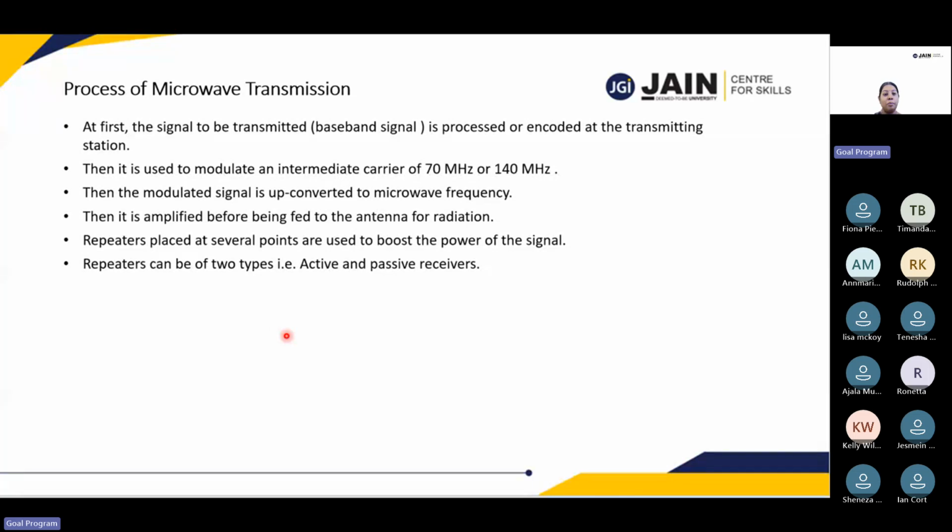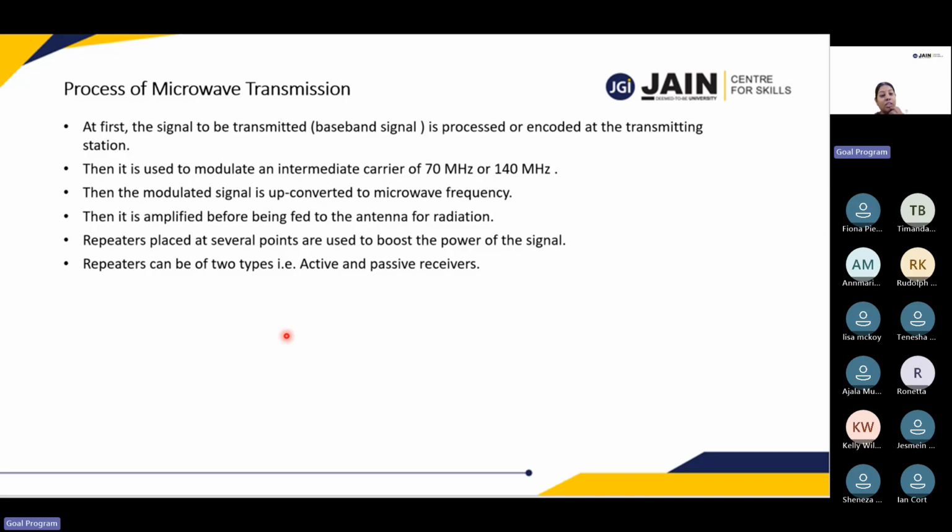The signals which are modulated are converted into microwave frequency. Then it is amplified before being fed to the antenna for radiation. The amplification is done to these signals before feeding them to the antenna for radiation.